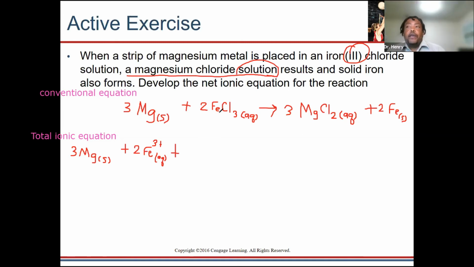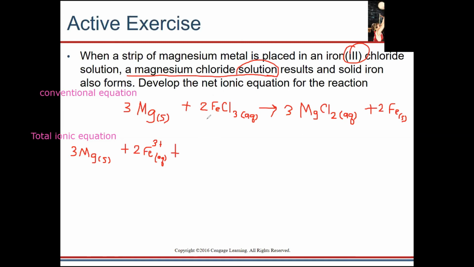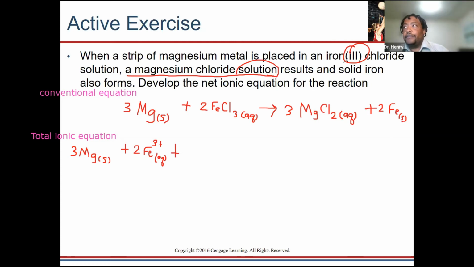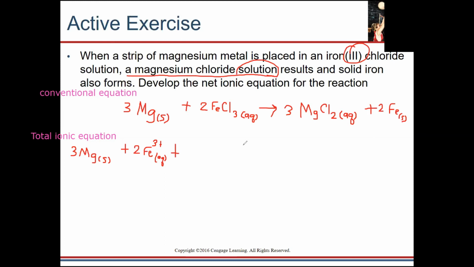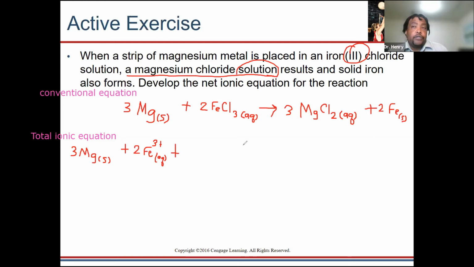Now remember, wait, why do we have the 3 plus? Because of the charge on the iron. Remember it's separating, right? If it's separating, the only thing that's holding these chlorines and this iron together are the charges. Now you just separated that positive charge. So what's going to happen to your chlorine?